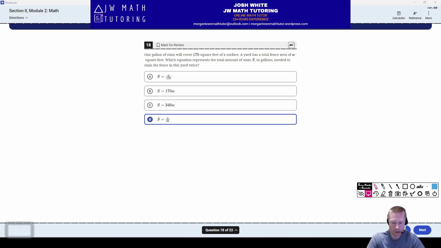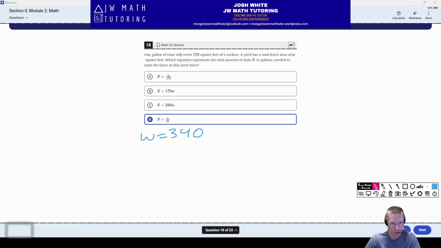Now, here's how you could pick some numbers to solve this and get your answer. So I'm going to say that the total area for this fence is, no, 340 square feet. So I'm setting W equal to 340.